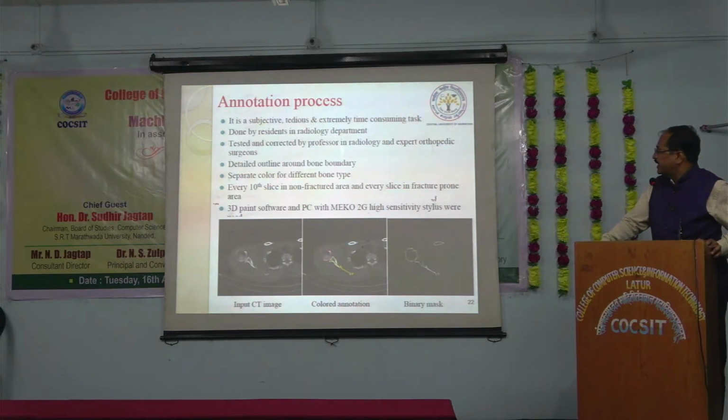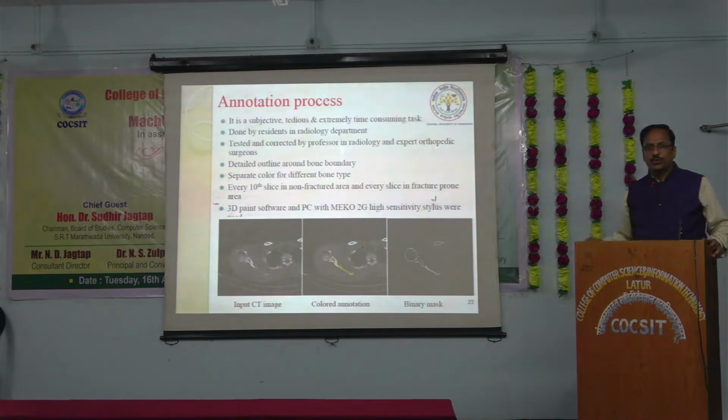Then every 10th slice in the non-fracture area and every slice in the fracture bone area. So as I told you, whenever we have a non-fractured part, we do every 10th slice because we want to maintain the difference between each. In the fractured slices, we took every slice for our experiment.